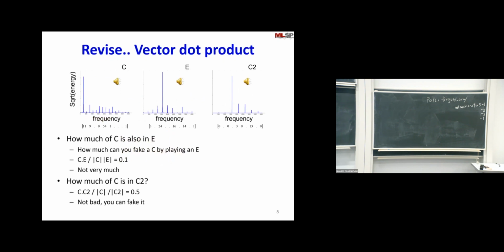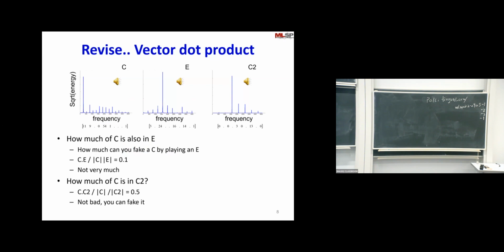We looked at various products of matrices, operations on matrices and vectors. One particularly important one that's going to appear is the inner product between two vectors. And Manohar, how did we define what it did? The similarity between two vectors, right? How much of one vector the other one explains? And so we saw that we had 3 notes represented as spectra, the C, the E, and the C in the next octave.